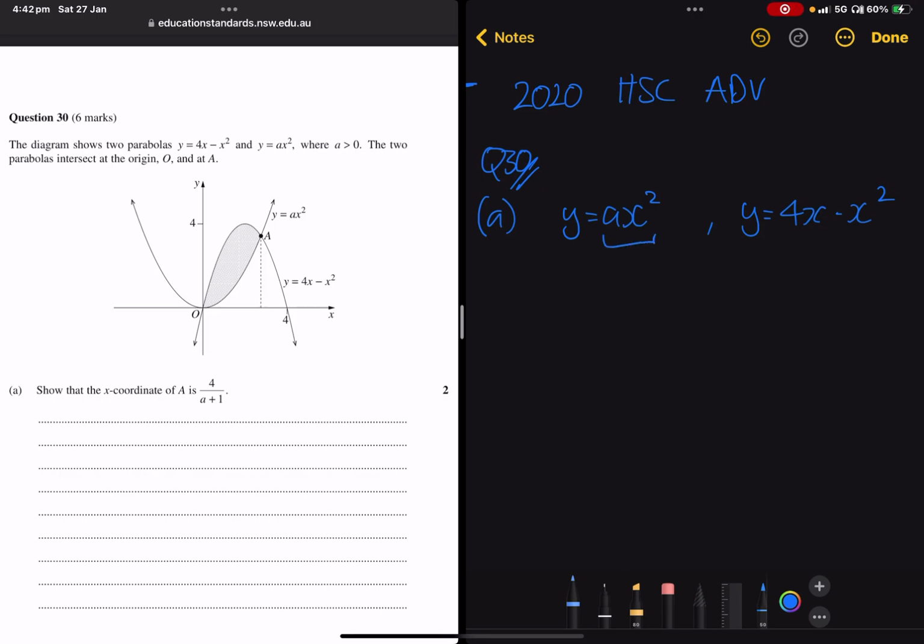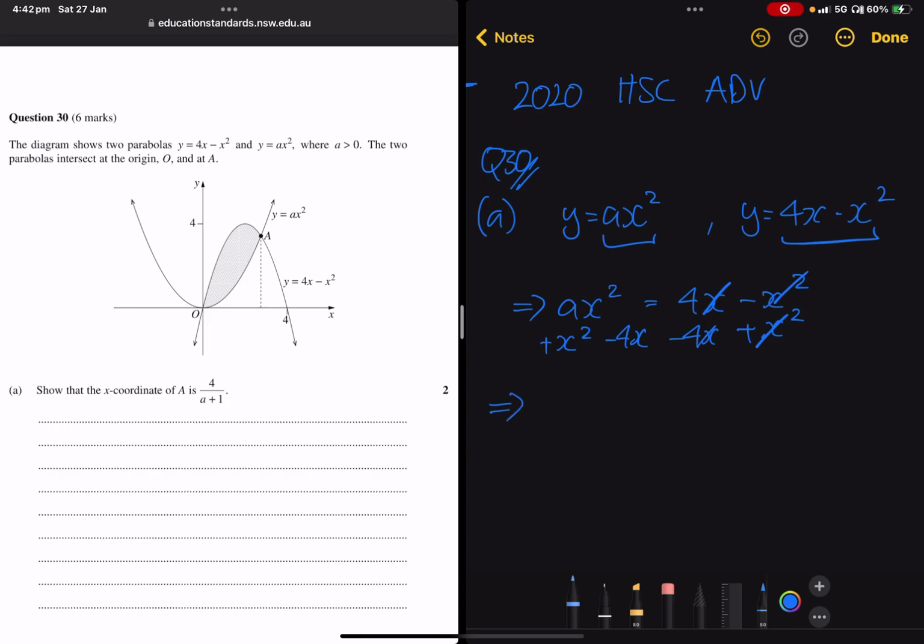We're going to let this equal this. So we have ax squared is equal to 4x minus x squared. Now we're going to add x squared to both sides. We're going to minus 4x from both sides. So cancel this, cancel this.